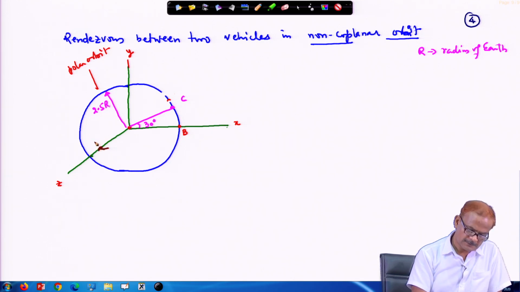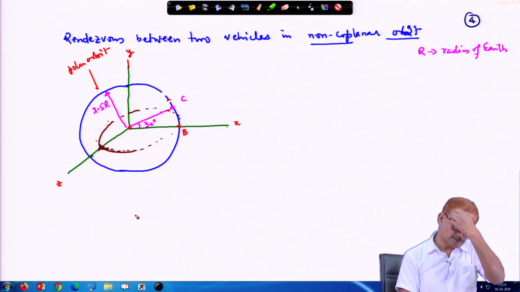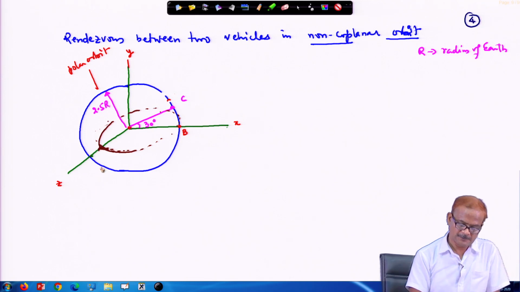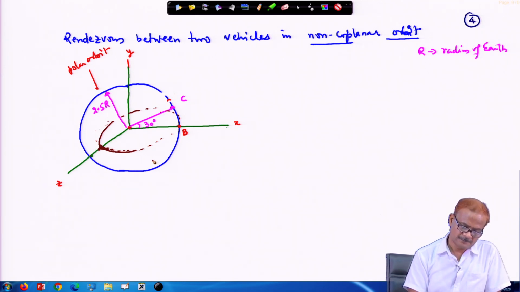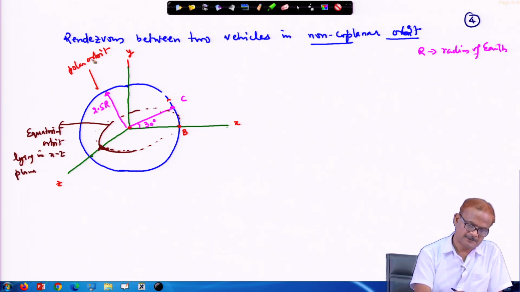This is originally an elliptical orbit lying in the xz plane. We call this the equatorial orbit, lying in the xz plane, and this is the polar orbit lying in the xy plane.